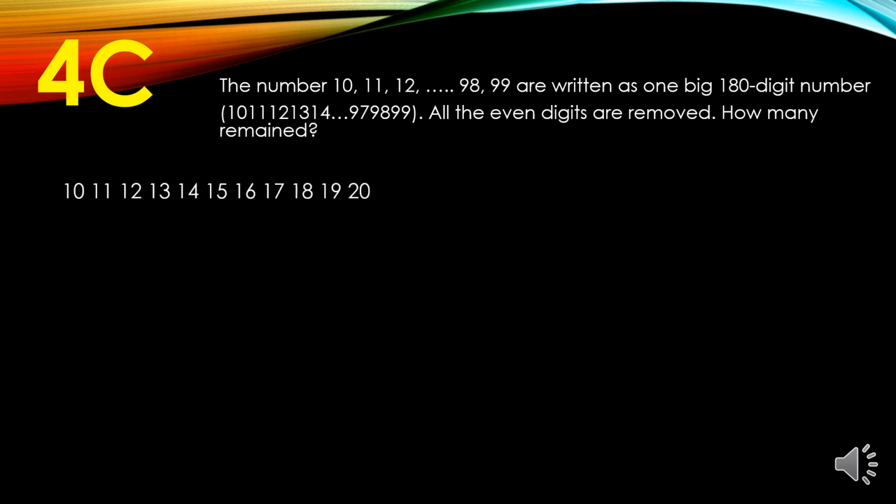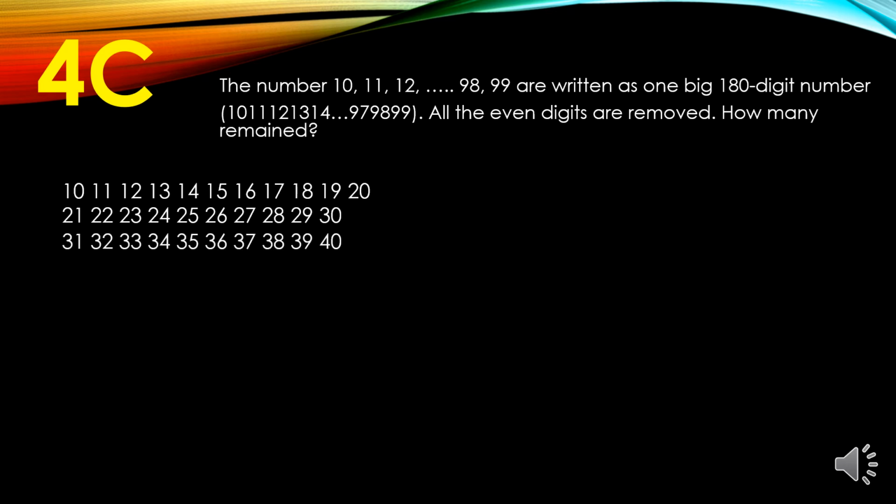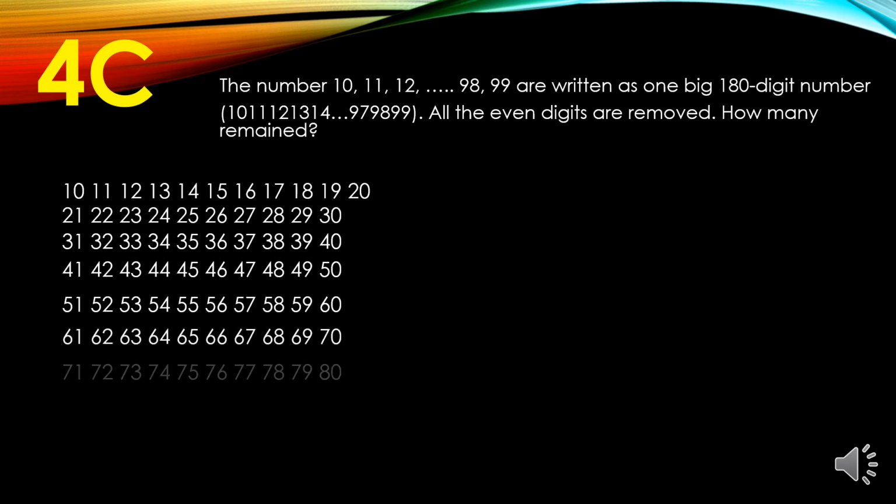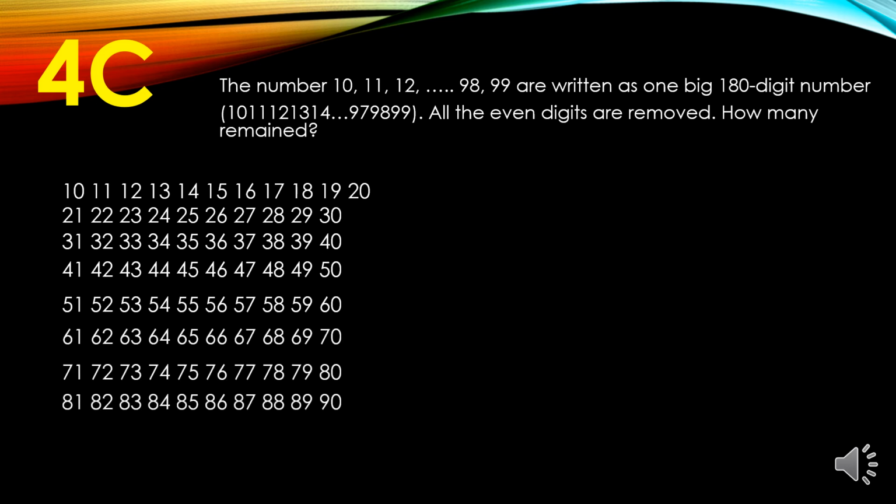So, 10 to 20, then 21 to 30, 31 to 40, 41 to 50, 51 to 60, 61 to 70, 71 to 80, 81 to 90, 91 to 99. Now, let's start with 10 to 20. 10 to 20 has 15, because if we remove all the even digits, it will leave 15.